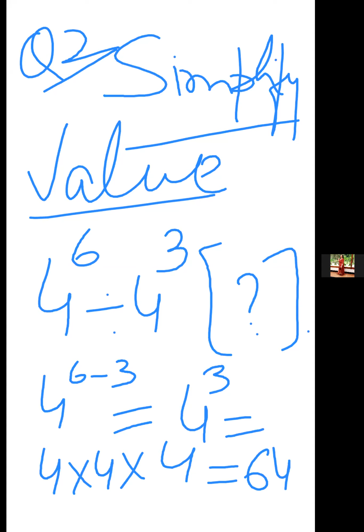मैम ये वाला पार्ट एक और बार एक्सप्लेन कर दो. अगला एक और क्वेश्चन देखो इसका. If I write 3 raised to power 6 divided by 3 raised to power 2. Again, bases are same, powers are subtracted because it is in division.